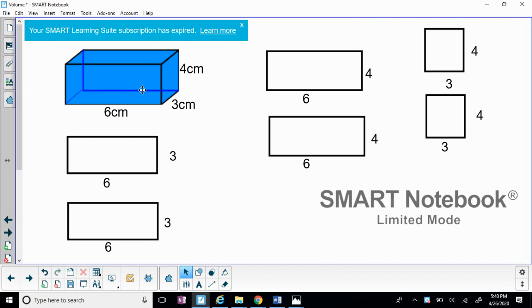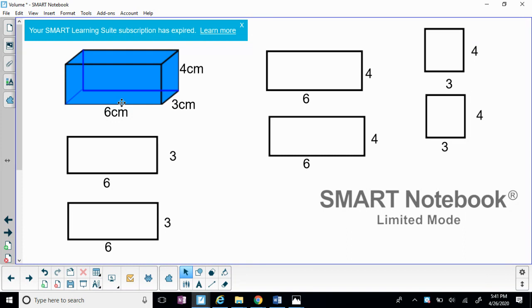So the same object that I just had on the previous page. Remember, this was the first rectangular prism that we studied for volume. But now if we think of it in terms of surface area, what I've done is I have taken every face on this object and copied it here, okay?